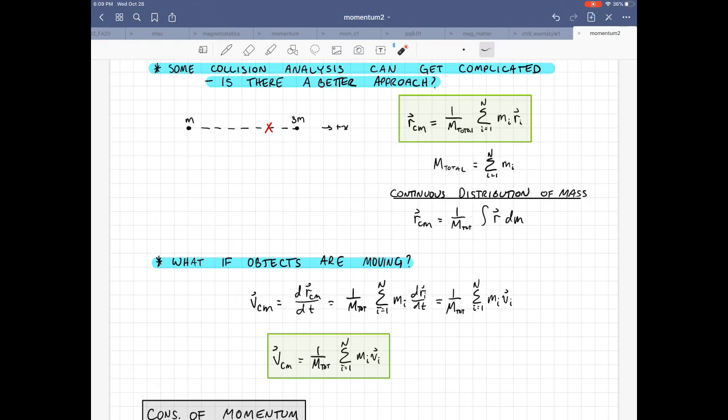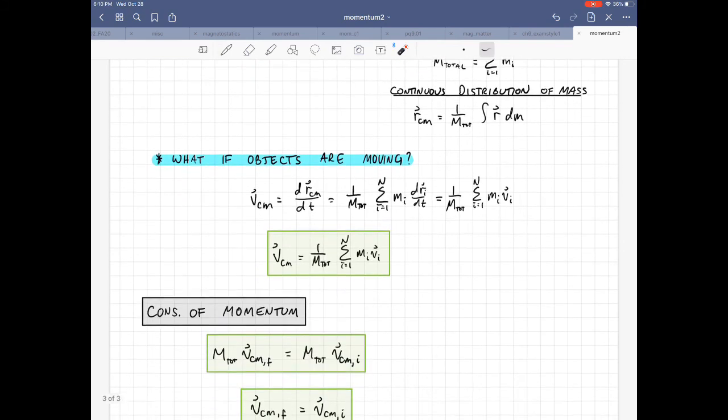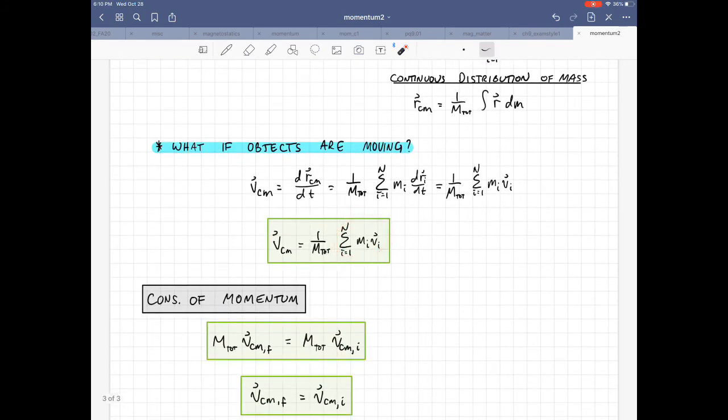And so the center of mass velocity turns into 1 over M, and then the sum of each of the individual, look at this, momentum, so it's the mass times the velocity of each individual particle. And so this is the definition of the velocity for the center of mass. And remember, these are the individual momenta of the objects in your system. And so since you're summing over all of the objects, this actually corresponds to the total momentum of the system, and then you divide by the total mass in the system.